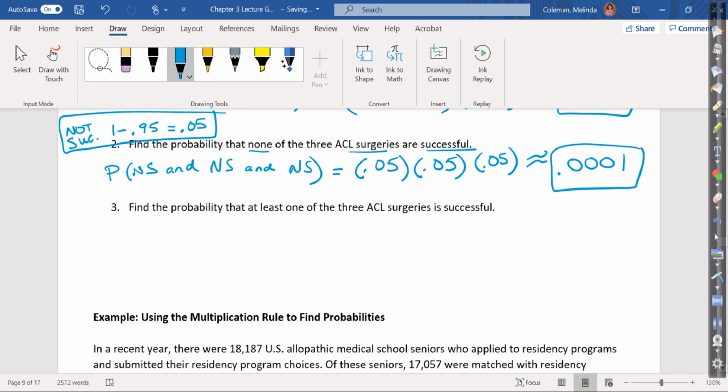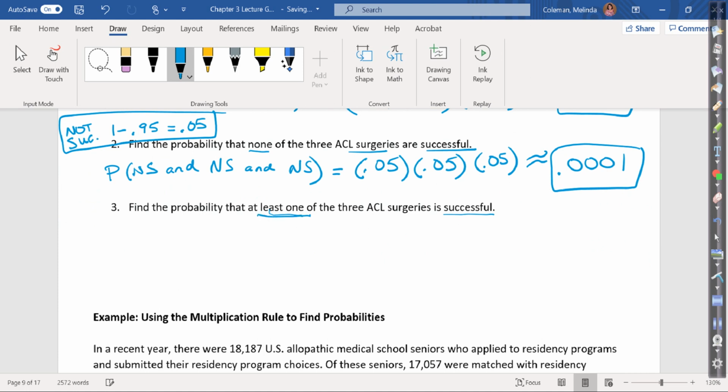Now comes the words we have to really think about what the words say. Find the probability that at least one is successful. Well, at least one then would say that not all are unsuccessful.